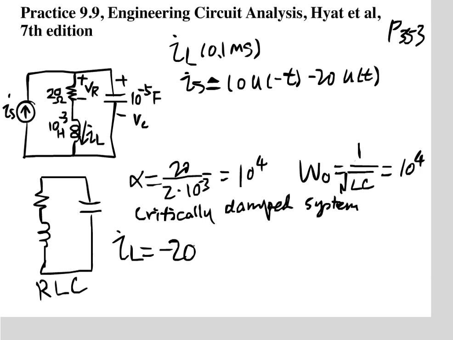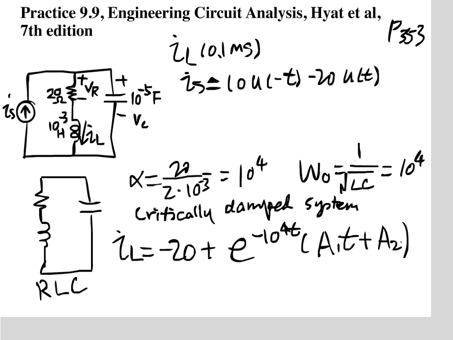IL is going to be minus 20, because this is the ultimate current that's running through this, plus e to the minus 10 to the 4th t times (A1 t plus A2).